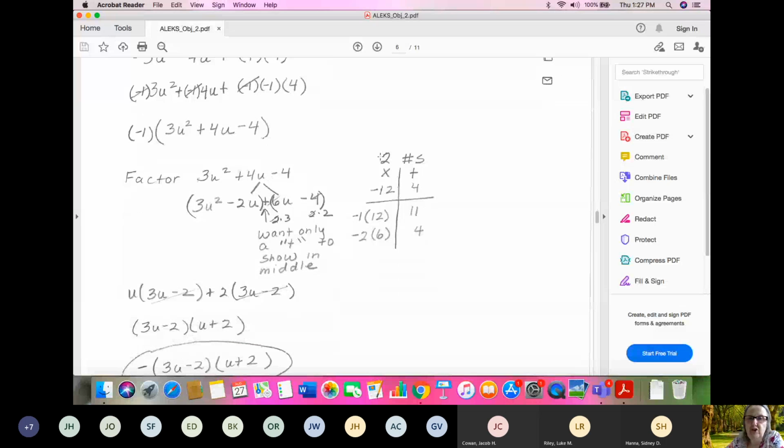So we're looking for two numbers that multiply to give us these outer numbers. We were looking at 3 times -4, which is -12. So they multiply to give us -12 and add to give us this number in the middle, which is +4, which we can write as just 4.